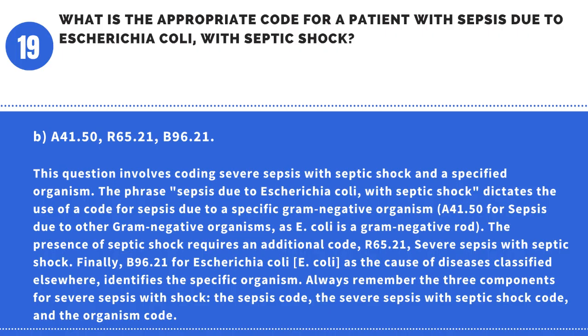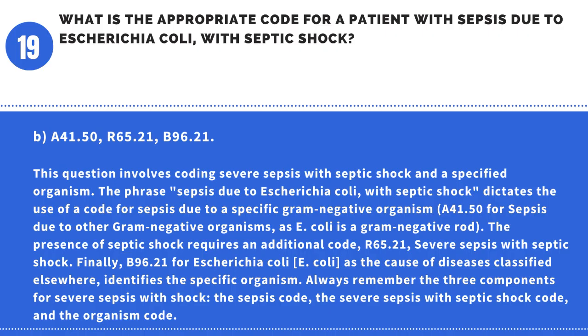This question involves coding severe sepsis with septic shock and a specified organism. The phrase sepsis due to Escherichia coli with septic shock dictates the use of a code for sepsis due to a specific gram-negative organism, A41.50 for sepsis due to other gram-negative organisms, as E. coli is a gram-negative rod.